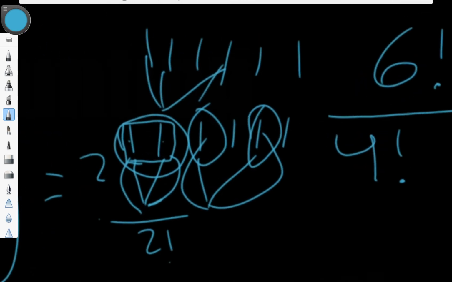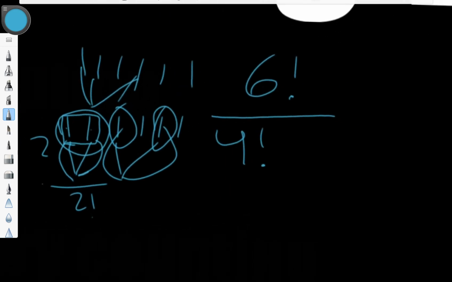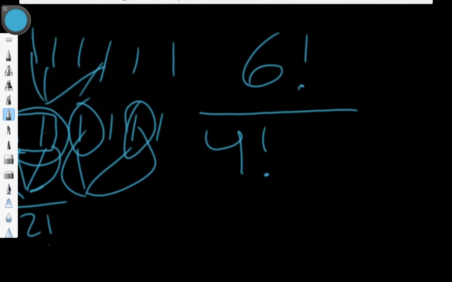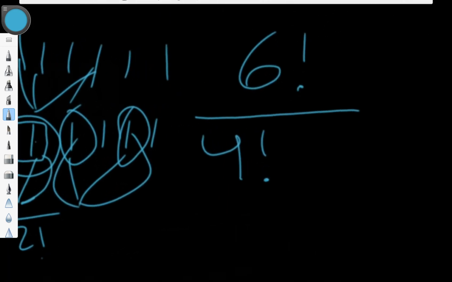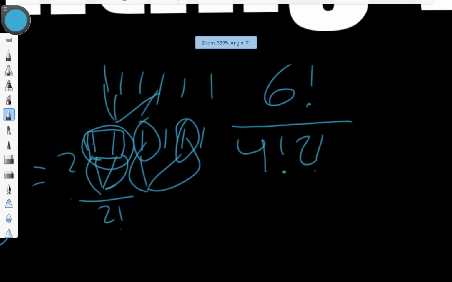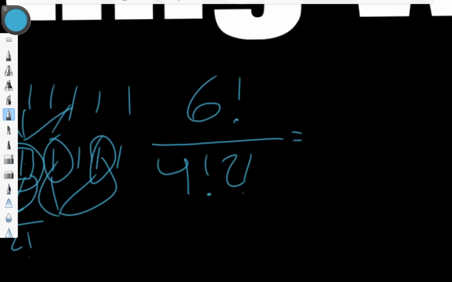We're going to divide by the number of ways that we can order the way that we pick them, because that's not relevant in this case. Order doesn't matter. That's something you'll hear a lot in combinations and in counting with restrictions. Order does not matter. I'm going to divide by 2 factorial in this case. This computes to be 15.